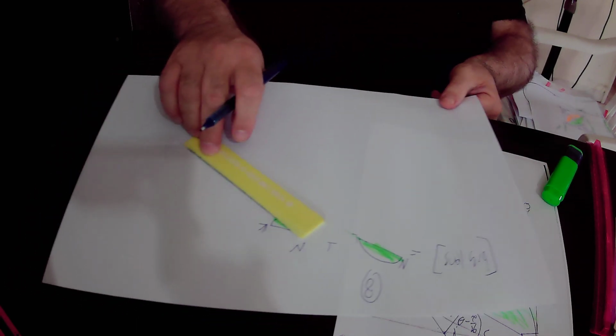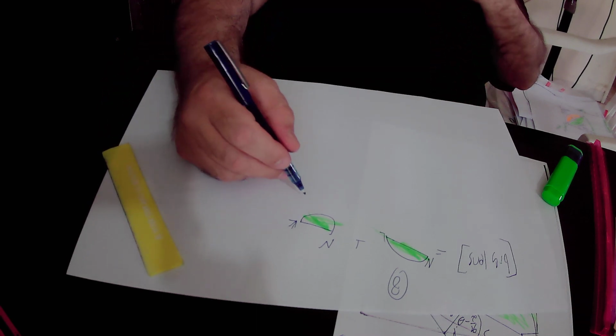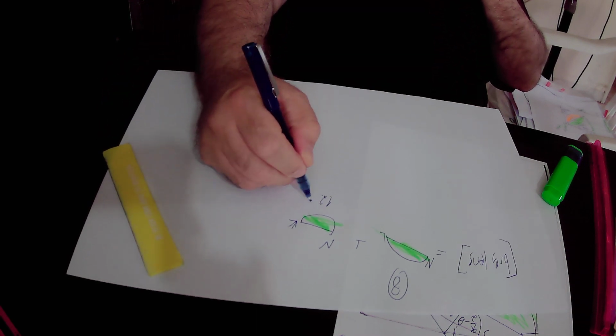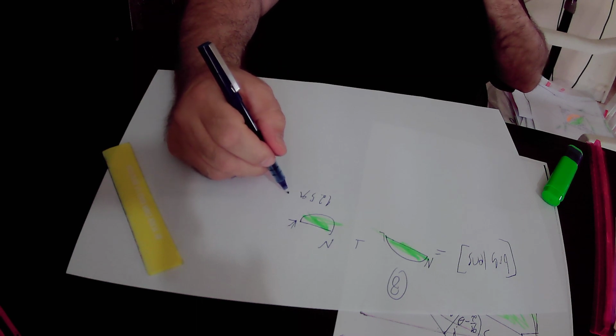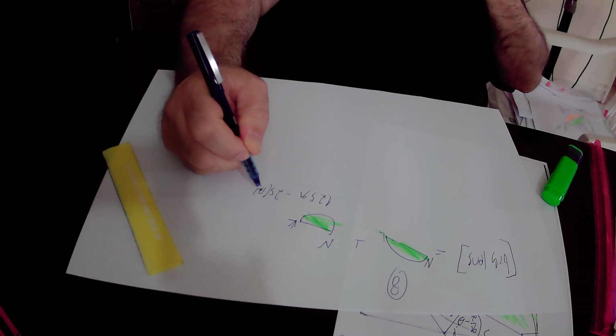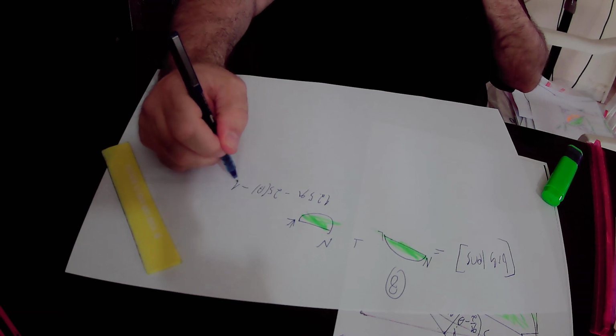The area of the lower circular segment NL equals 12.5 pi minus 25 theta minus 10.